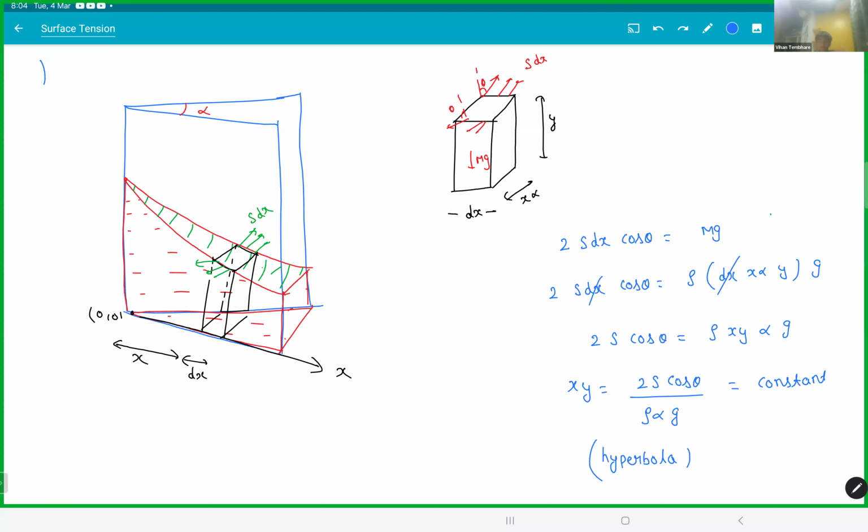So x is forming a right angle triangle with the bisector of alpha. Where did you get 2x alpha? Actually, this length is x alpha, right? Length, breadth, and width. This distance is x. You're talking about this length, isn't it? And okay, this angle is alpha. Sure? Yeah. There, that is about it.